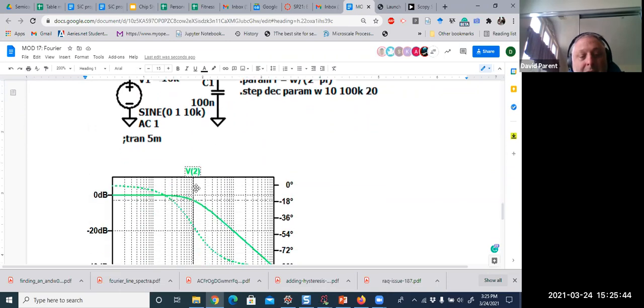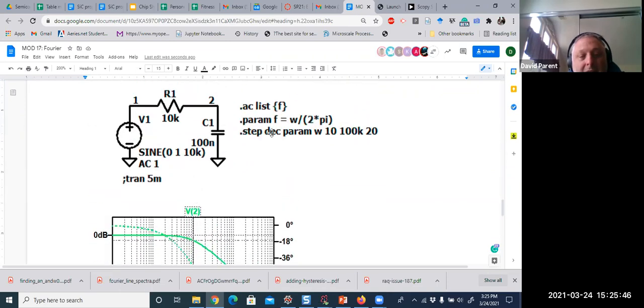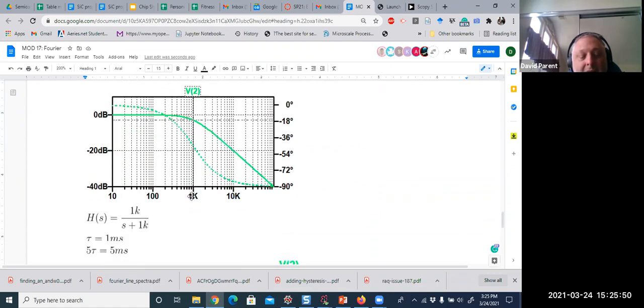And if we did the Bode plot, the way I like to do it, when I know that the fundamental frequency, omega naught, is 1 kiloradian per second, something simple like this, I go 2 orders of magnitude below and 2 more orders of magnitude above, and then it pops right out at omega naught when you click on the voltage in question.